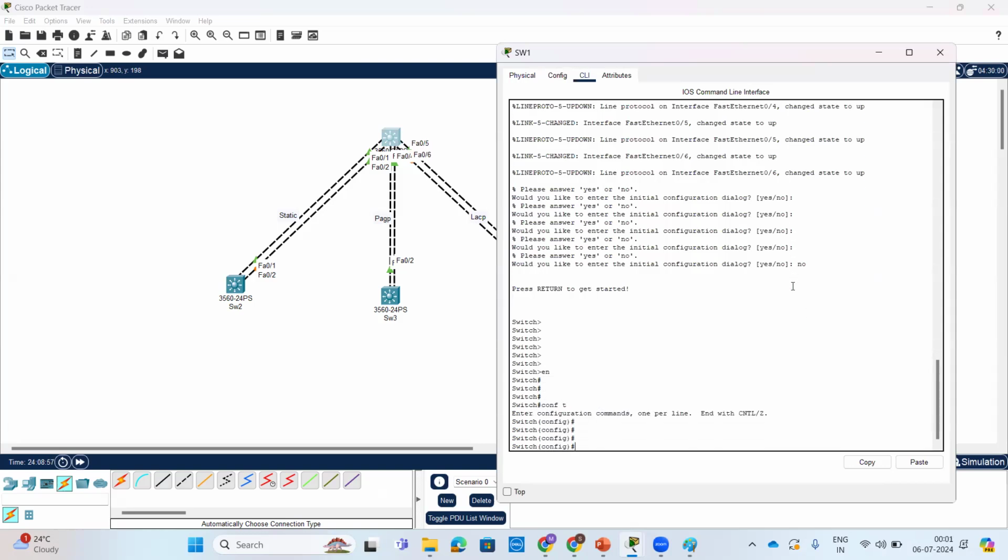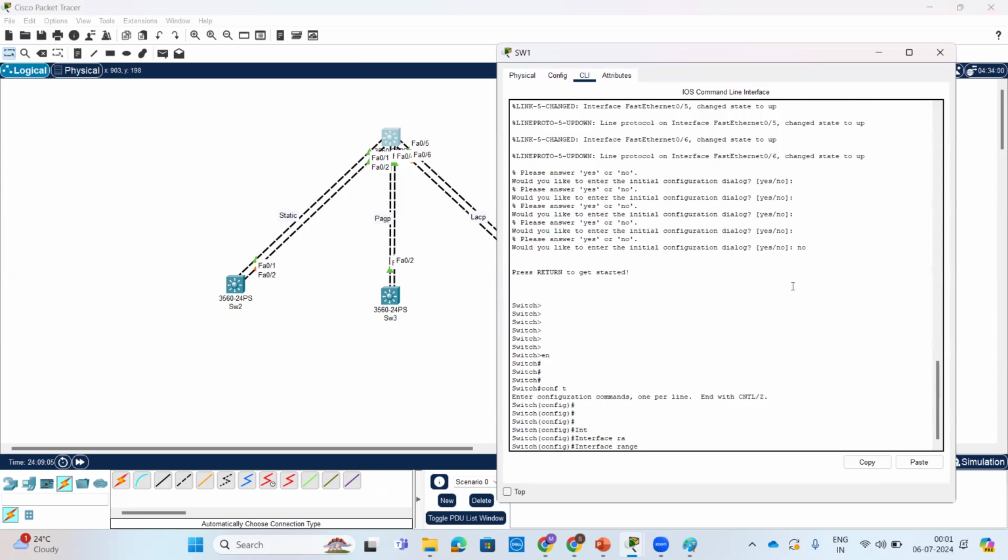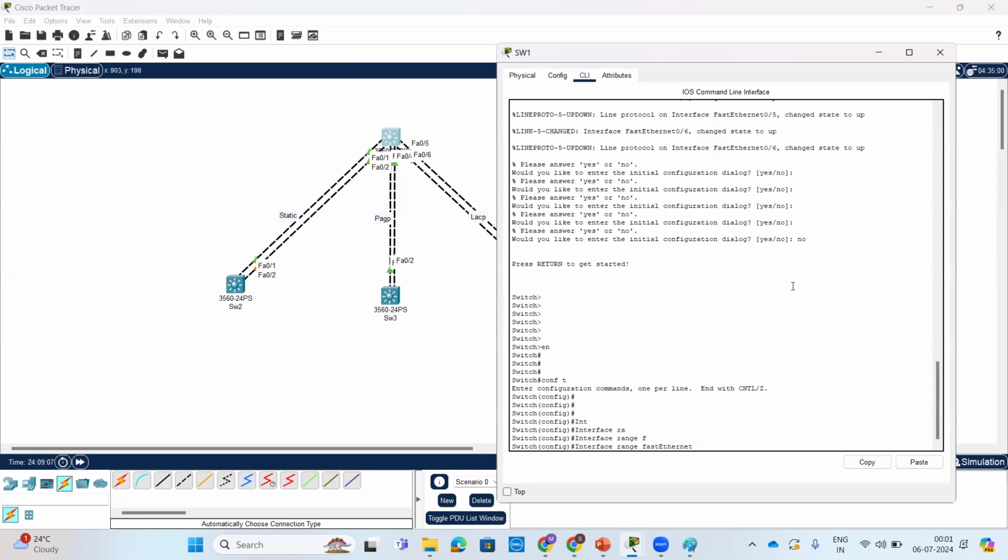Config terminal, interface range, fast Ethernet 0/1 to 6.